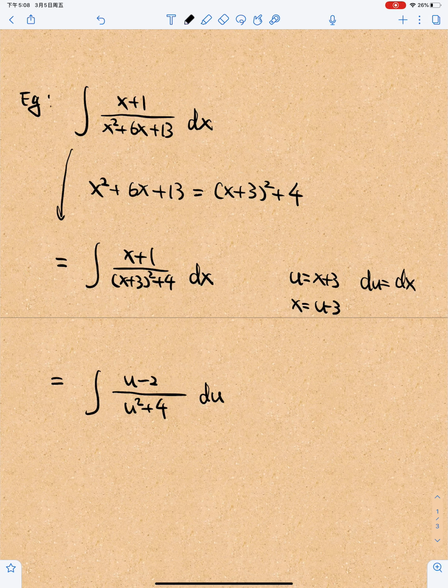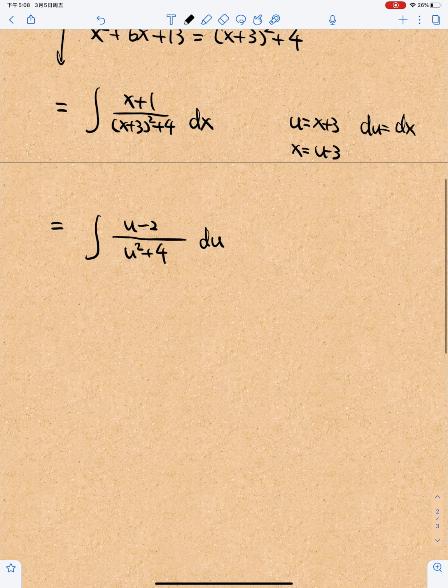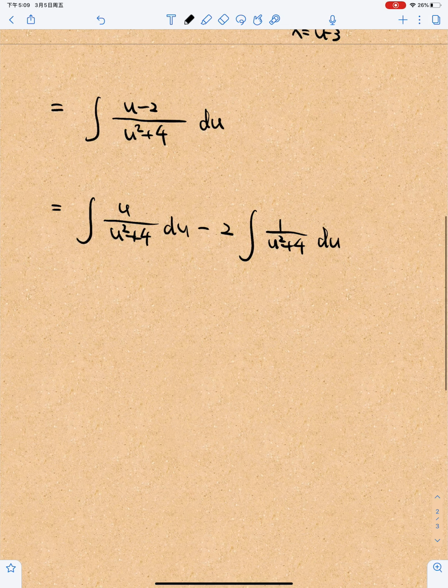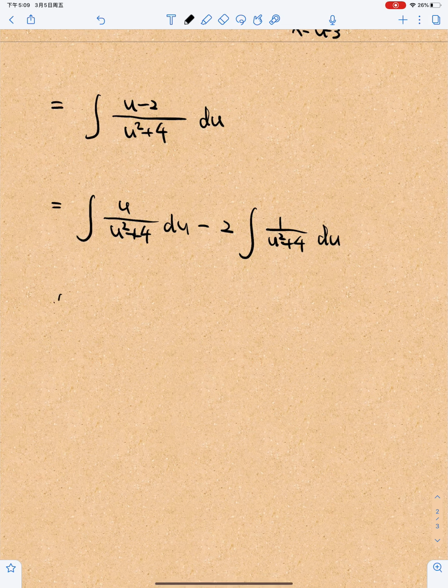Now, how do we solve an integral like this? We first separate it into two parts. This is the integral of u over (u squared plus 4) minus 2 times the integral of 1 over (u squared plus 4). We are going to do the integration separately for those two parts. Let's start with the integral of u over (u squared plus 4).